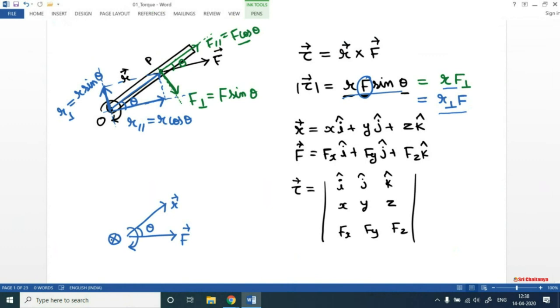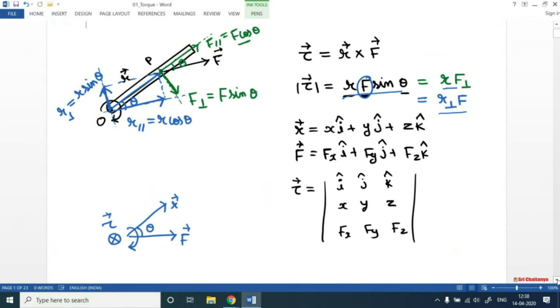So if the curl of the fingers is clockwise, then the direction of torque would be inward. And if the direction of curl of the fingers is anti-clockwise, then the direction of torque would be outward over here. So we have talked about the direction as well as the magnitude of torque.